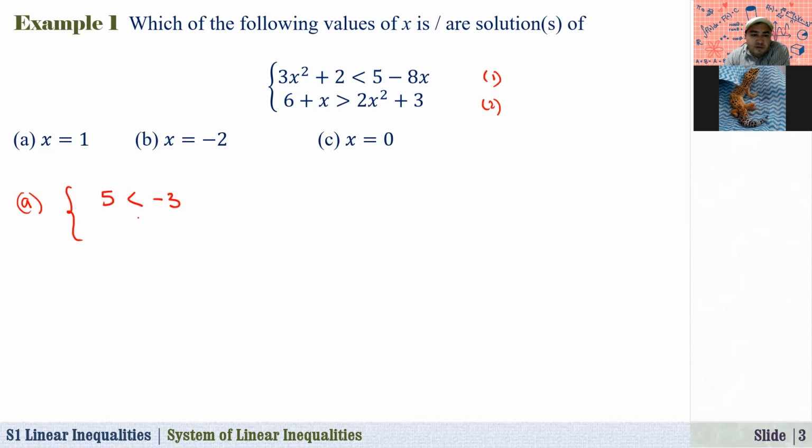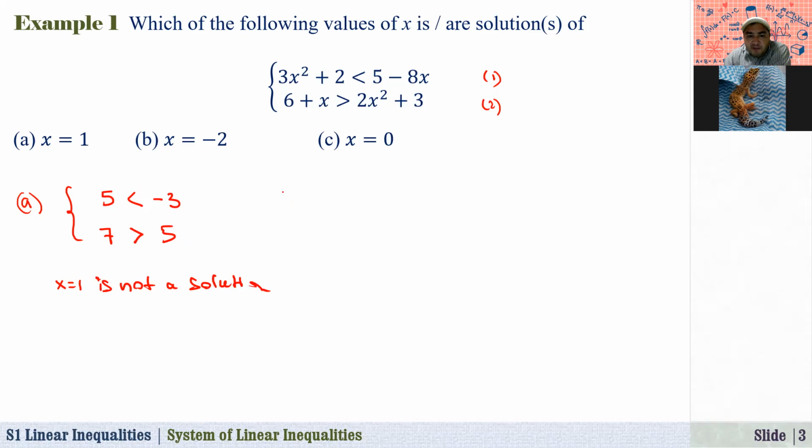And 6 plus 1, that is 7, greater than 2 times 1 squared, that is 2 plus 3, it is 5, right? It fails to satisfy the first inequality because 5 is not less than negative 3. 5 is greater than negative 3, right? That's why 1 is not a solution. So let me just write here, x equals 1 is not a solution.